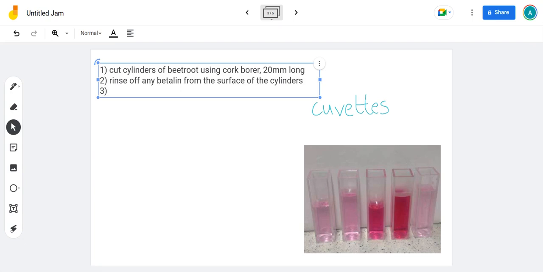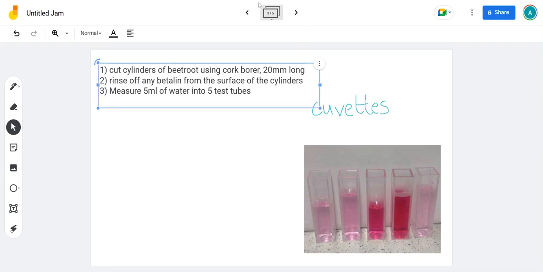The next one is that we need to put some water into our test tubes for them to sit in. So we're going to try to always use quantities. So we could say measure 5 ml, centimetre cubed is better, but I don't have a cube button on here. So 5 ml of water into 5 test tubes. And then each of those test tubes needs to be at a different temperature.